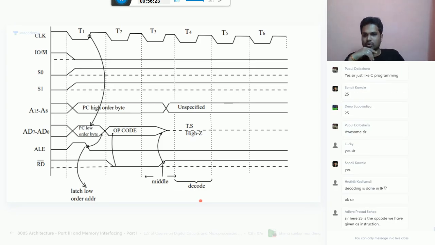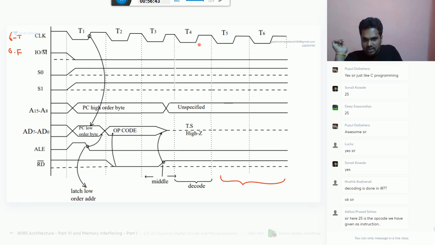25 is the opcode. So see here, it is a 6T state opcode fetch. In the extra 2T states, nothing happens about read and so on, but the computer will do some extra job. Why that job is required, just wait for some time; when we discuss the instruction set, I will tell you.